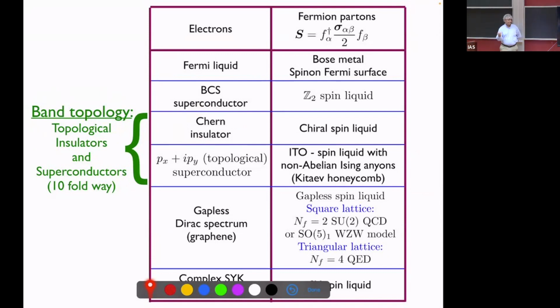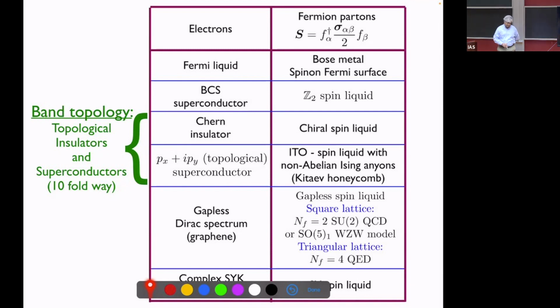You require a magnetic field or something that breaks time reversal. And what Kane and Mele found rather late in the game, but quite amazingly, experimentally very relevant, is that you can get insulators which are characterized by a Z2 topological invariant, not an integer, just a sign, which preserves time reversal symmetry.